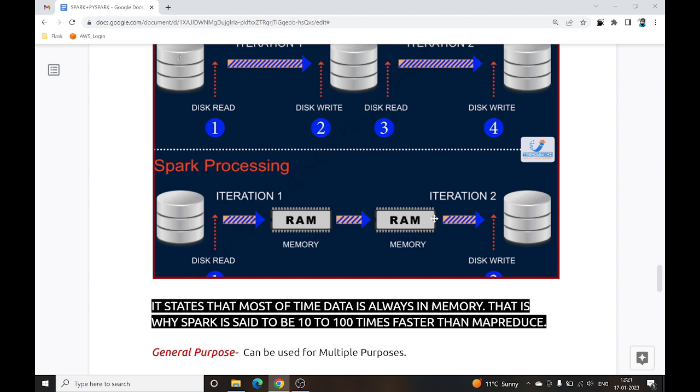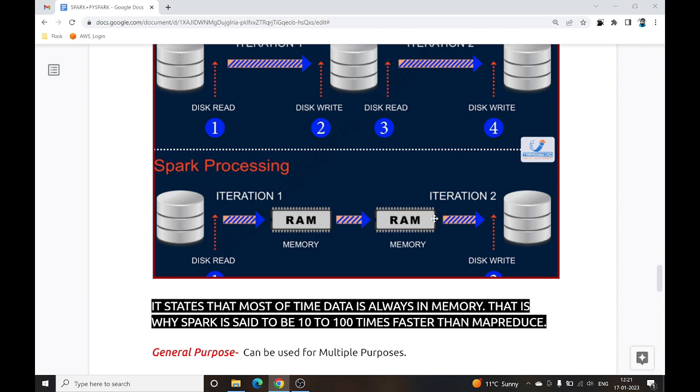So for 5 MapReduce jobs we require 10 disk accesses, but for 5 Spark jobs we require only 2 disk accesses: initially for reading the data, and after performing all the operations for writing the data. This was the major difference between Spark and MapReduce.